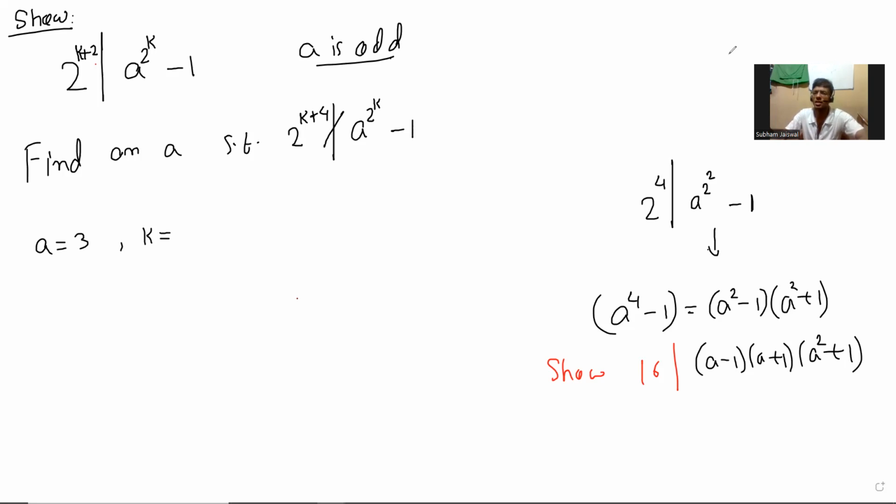So that's easy, right? A is odd, so this is even, this is also even, this is also even. So certainly we get 8, but we want to explain that this is divisible by 16.